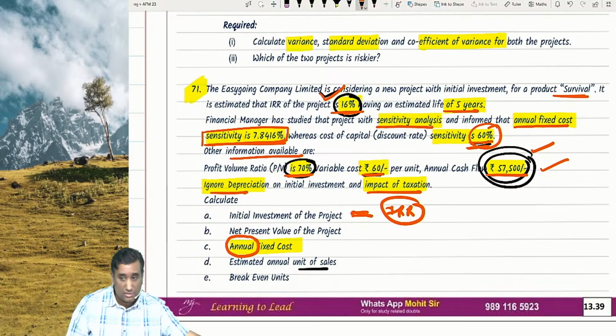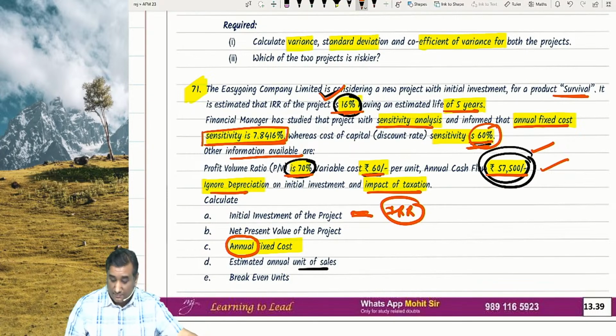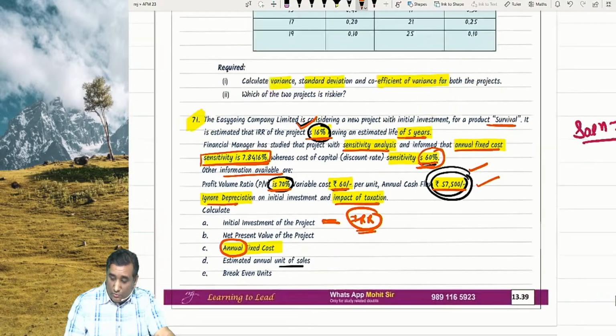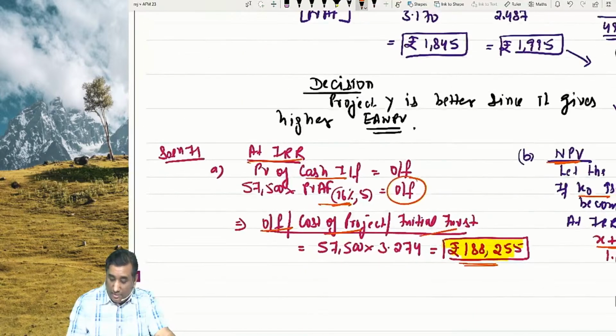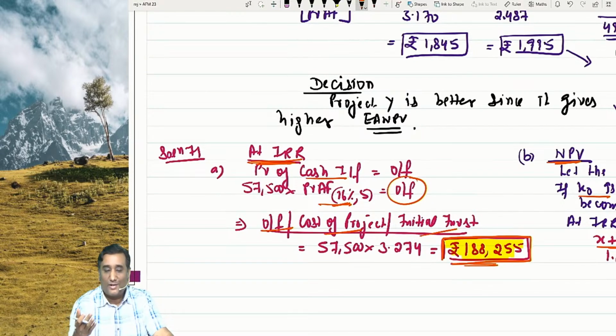So your screen is frozen now, right? So at IRR inflow is equal to outflow. That means at IRR PV of inflow is equal to outflow. You'll get 188,255, this is exactly what you're getting. Answer is given in the book, na? 188,255.